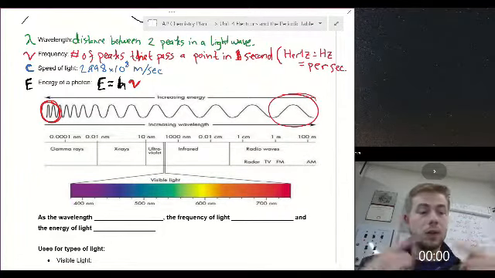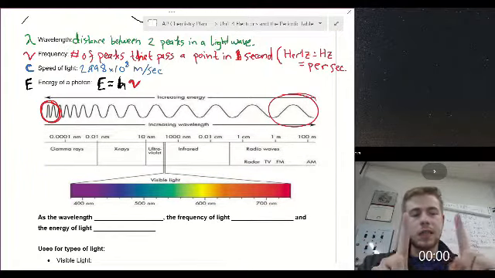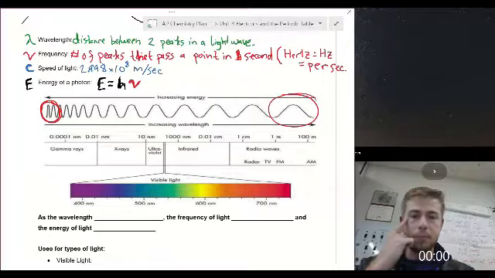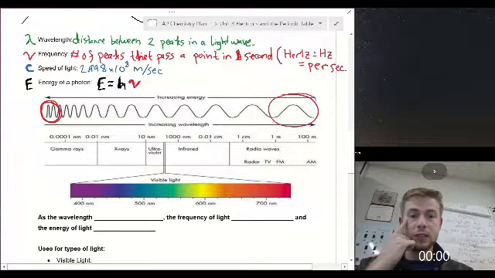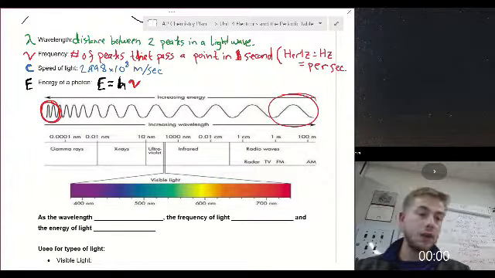Ultraviolet is a little less dangerous, but it'll still damage your skin. That's what a sunburn is. Then we get into slightly longer wavelengths of light, and this is the visible spectrum. Our eyes pick up this wavelength of light, from 400 nanometers to 700 nanometers.